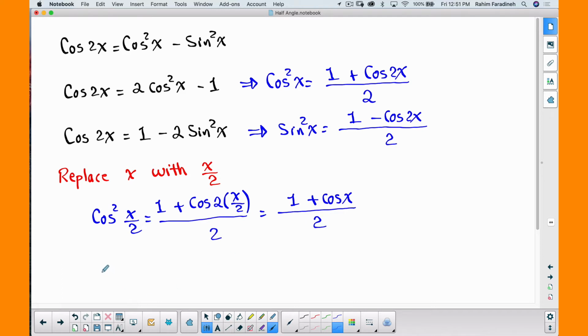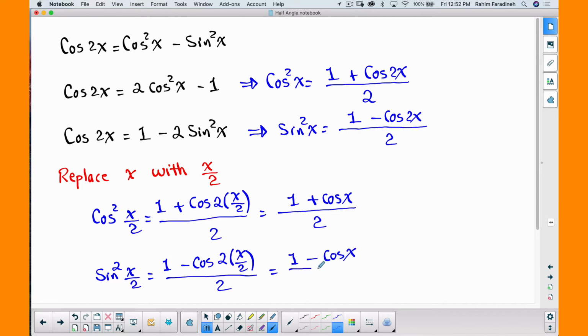I'm going to do the same thing for sine squared. So sine squared of x over 2 will be 1 minus cosine of 2 times x over 2, the whole thing divided by 2. Simplify, this one is 1 minus cosine of x divided by 2.